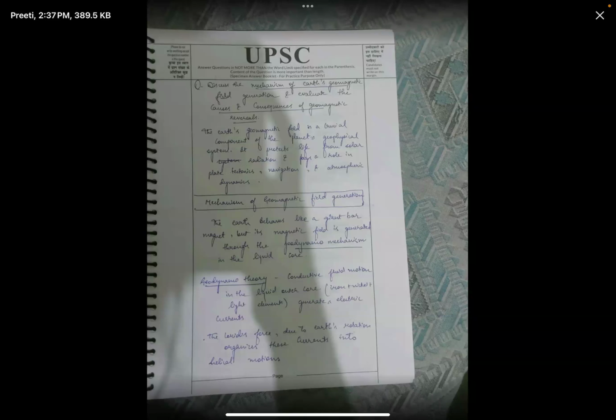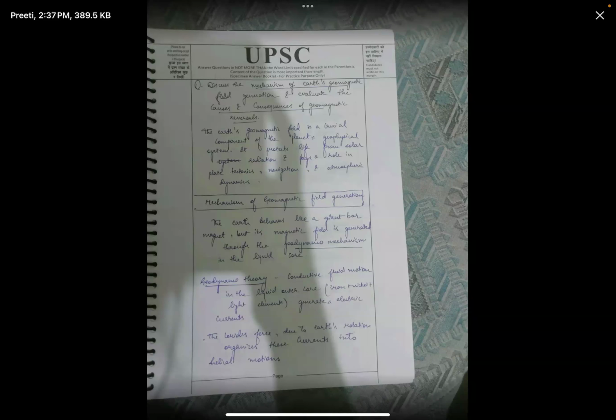Discuss the mechanism of Earth's geomagnetic field generation and evaluate the causes and consequences of geomagnetic reversal. Crucial components like geophysical system, solar radiation, plate tectonics, navigation, and atmospheric dynamics.